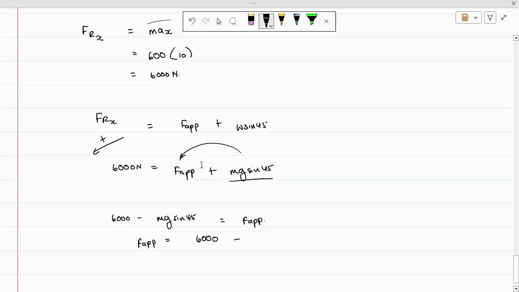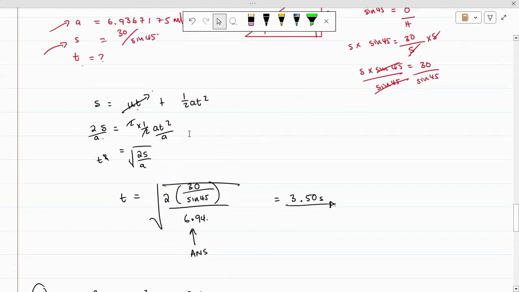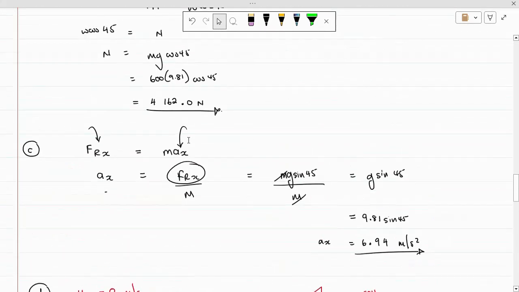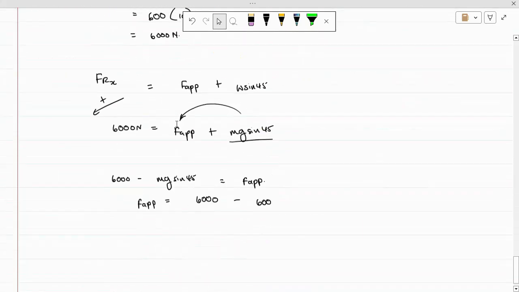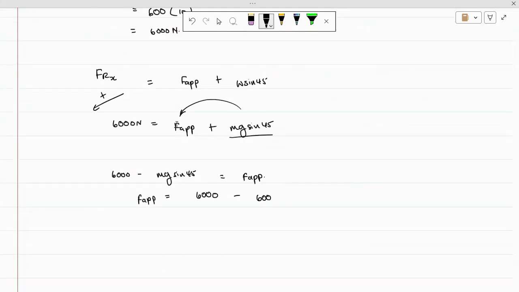6,000 minus the m, which is 600. Did we use 600 before? I just need to make sure I check that. Yeah, we did use 600. Okay, 600 multiplied by 9.81 multiplied by sine 45.